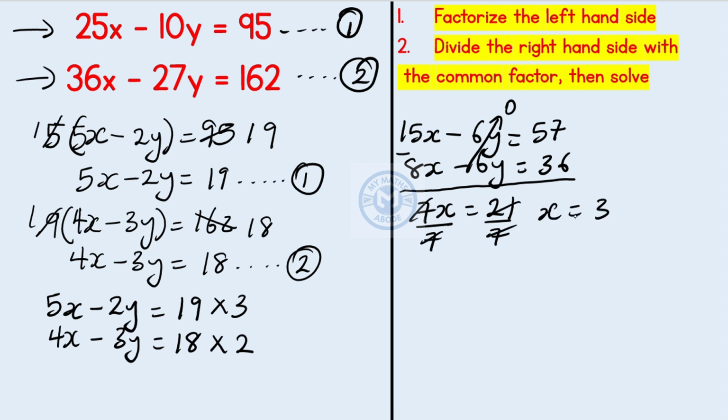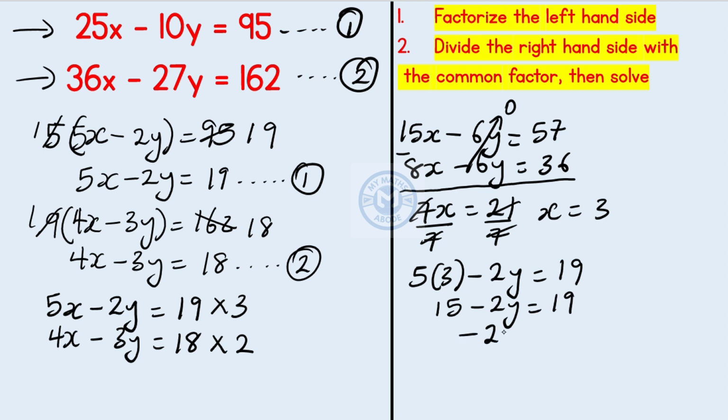So I'm going to substitute the value of 3 in either equation 1 or equation 2, and I prefer equation 1. So this will be 5 multiplied by 3 minus 2y is equal to 19, which will give me 15 minus 2y is equal to 19.